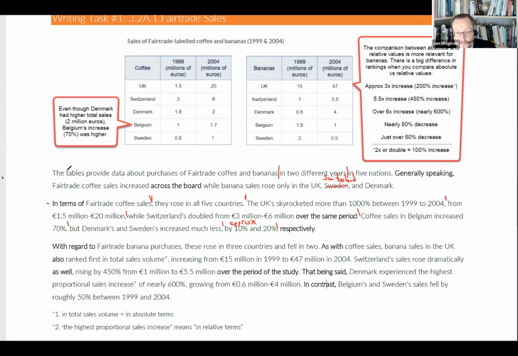So when you see examples of a well-written task 1 response or a task 2 response, read it out loud. You need that language input through as many senses as possible. There's a very strong hand-brain connection.